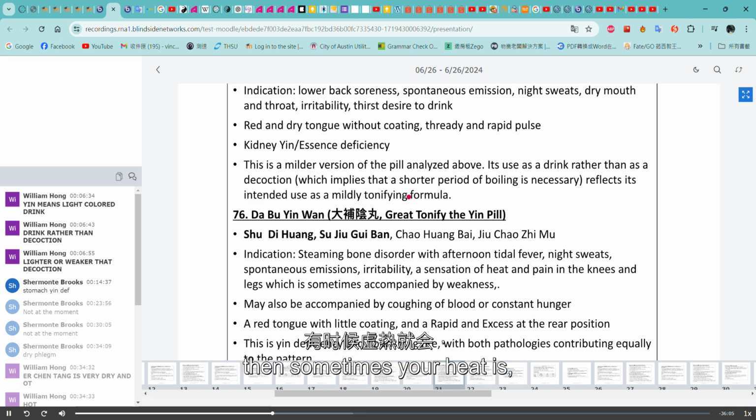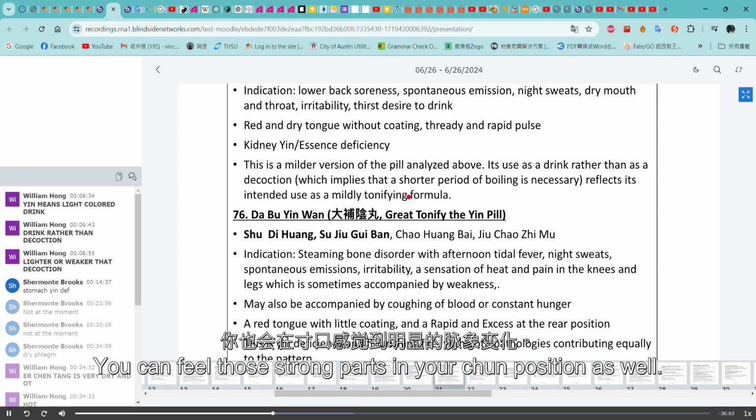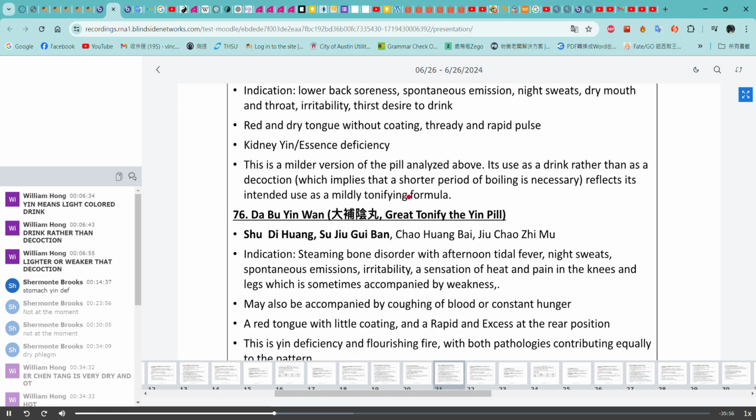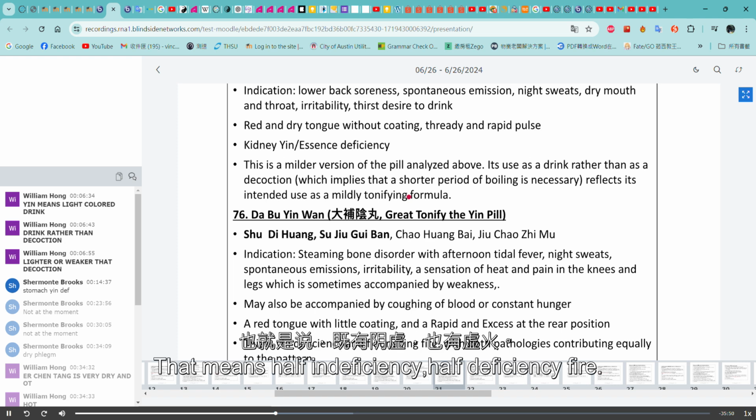So this is deficiency with flourishing fire, both pathologies contributing equally to this pattern. That means half deficiency, half deficiency fire.